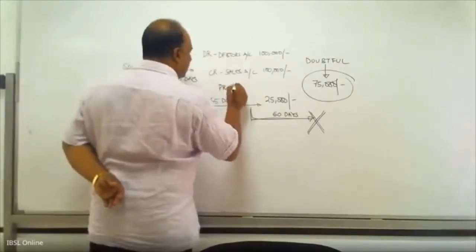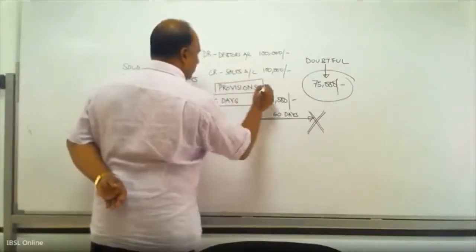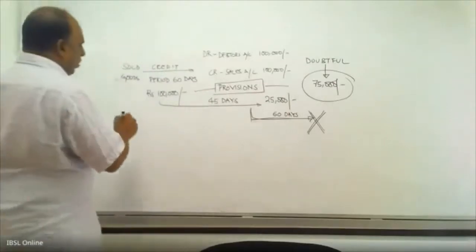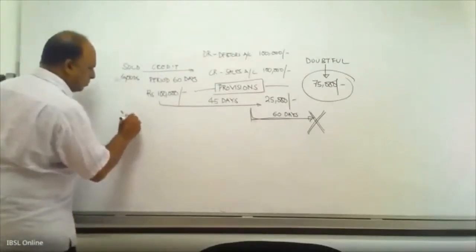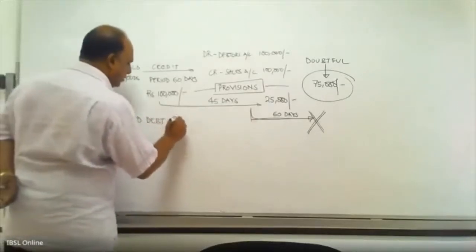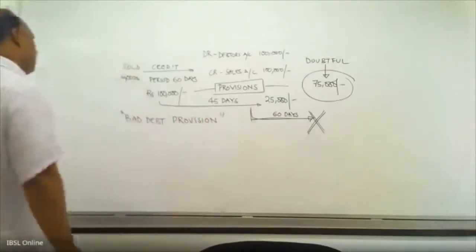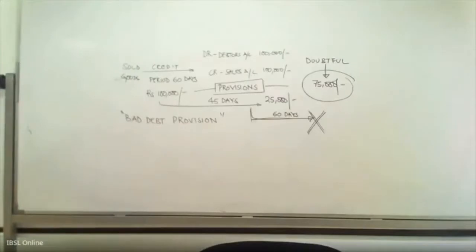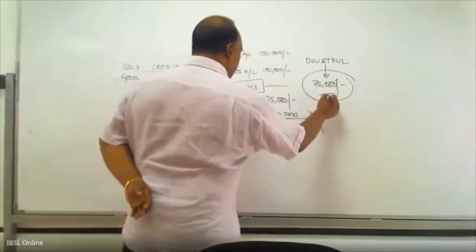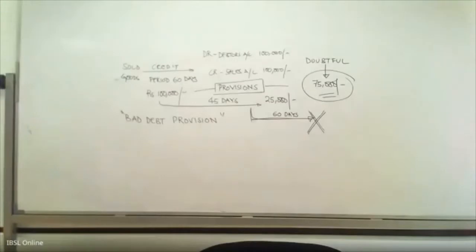We call it provisions, and this type of provision is called a bad debt provision. So you have to assume that, okay, I have another 75,000 to be collected, so now I have to start making provisions.